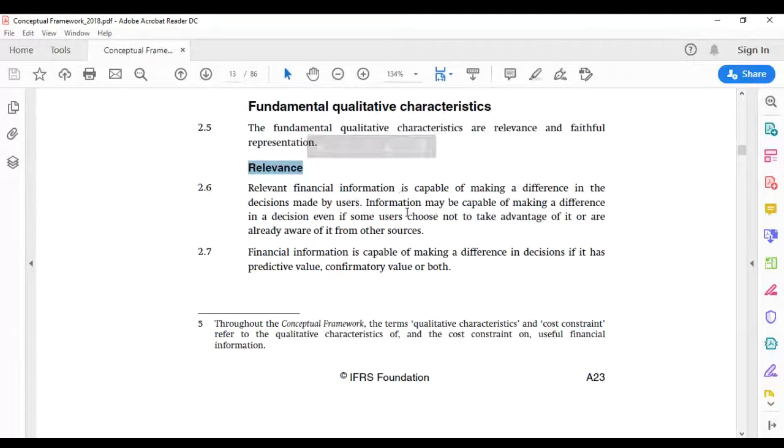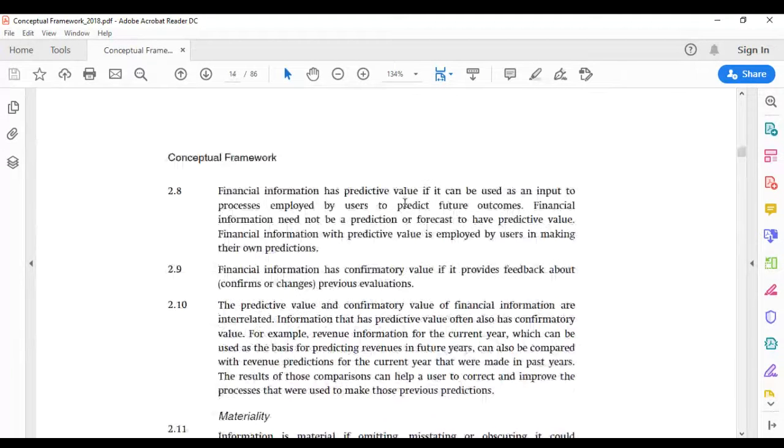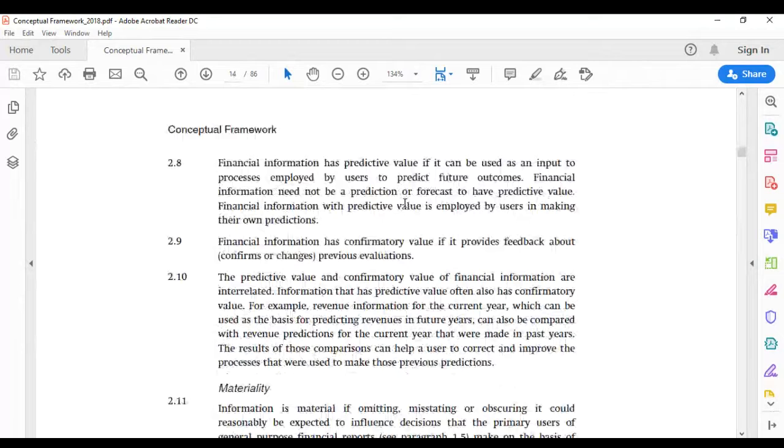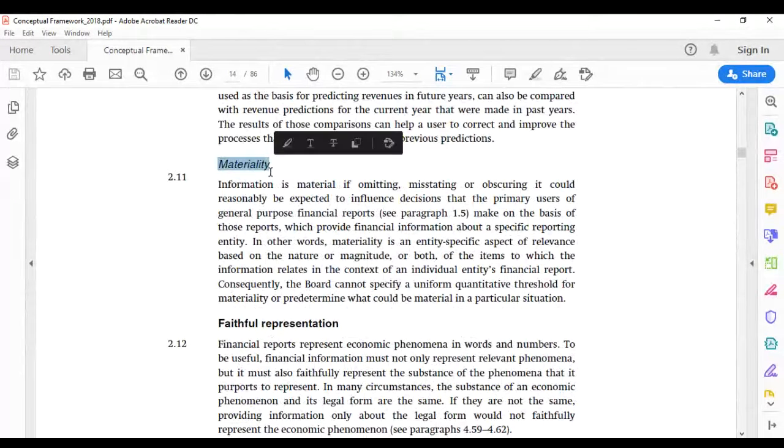So that is where the term relevance comes from. So let's maybe just talk about materiality, because that also plays a role in whether information is relevant or not. What I'd like you to do here, students, I'd like you to write down a little definition.